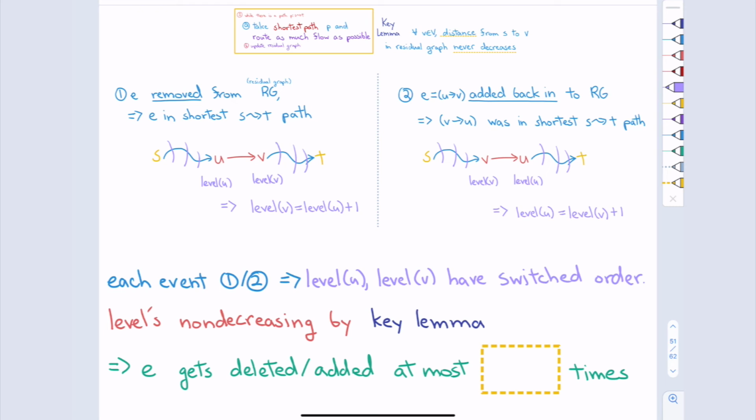Now the only issue is, these could be anywhere, except that key lemma says the distances never go down. So when it switched over, U did not go down, so V definitely went up. Or V did not go down, so U did. Okay, so if I know that these only go up over time, and that they switch roles, right, then I know that at least one of them has gone up at least one distance label.